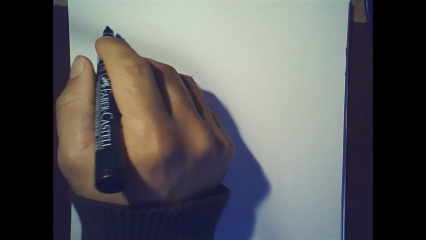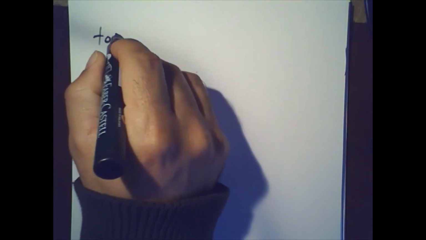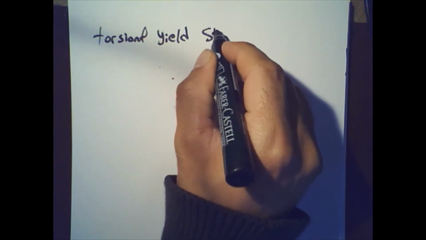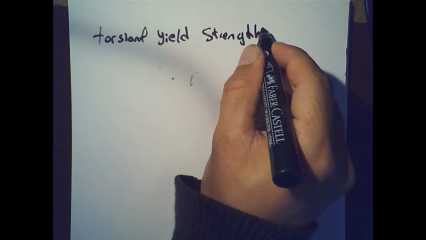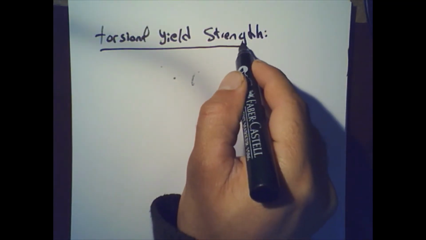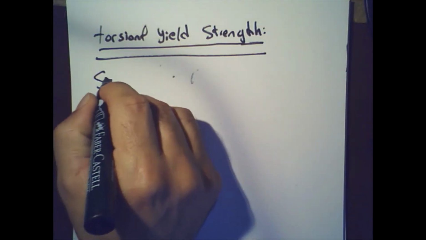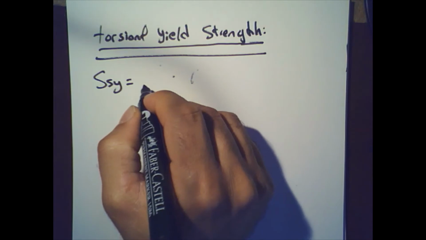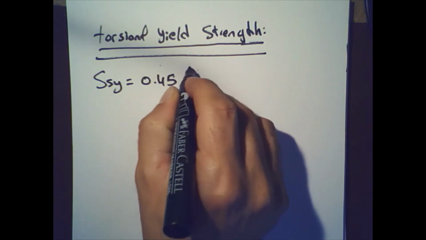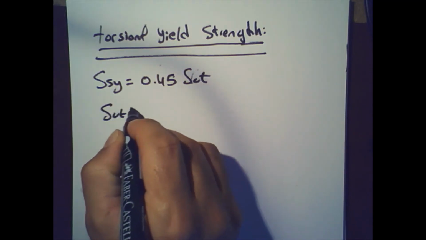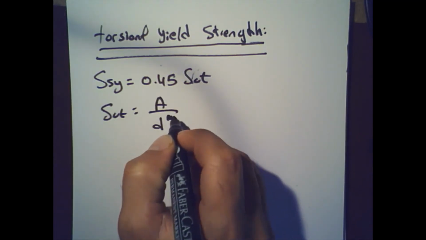Okay, so we're gonna begin by finding the yield strength, right? So essentially it is torsional yield strength, and we already just described that, so that would be SSY, and that is equal to 0.45 SUT. We don't know what SUT is, so we have to look it up based on this equation, A d to the power m.